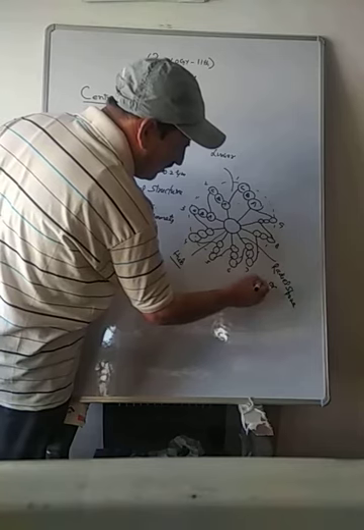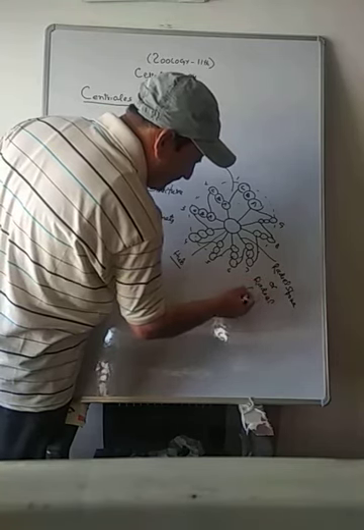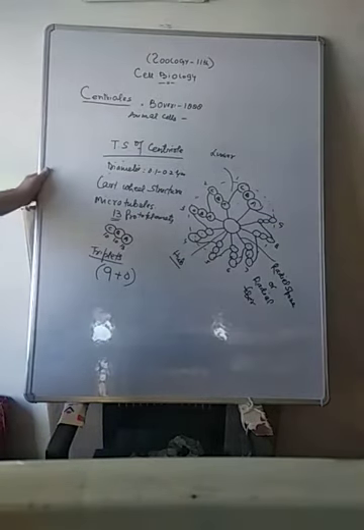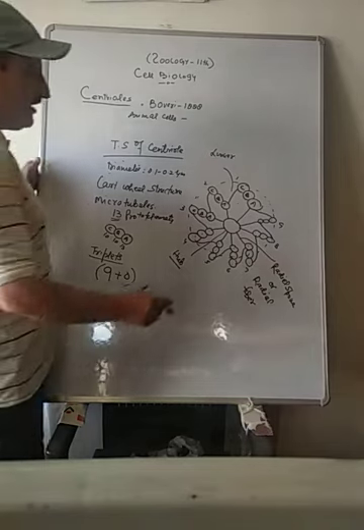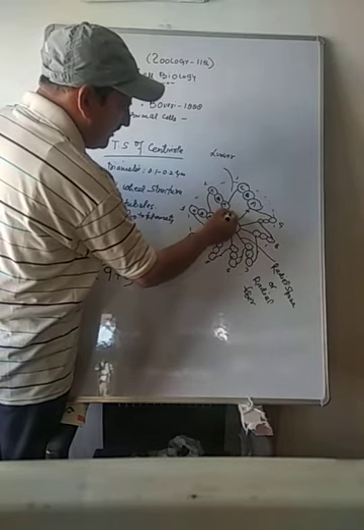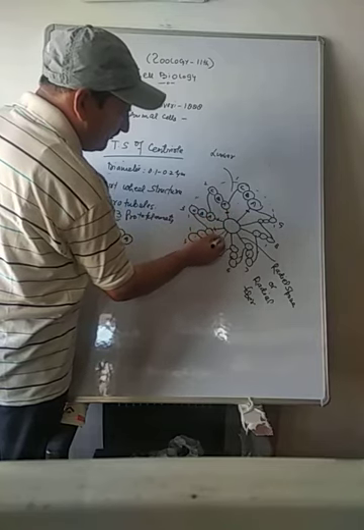Radial support or radial fiber. And near A, this radial support has a small protein which is called the support head. This is the support head. It is per strand.